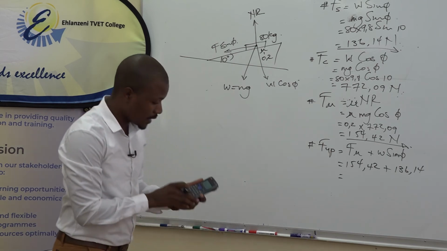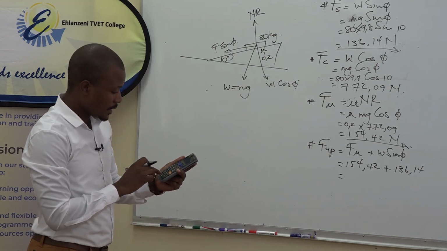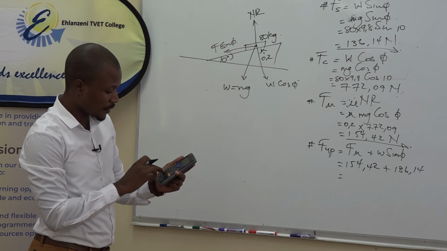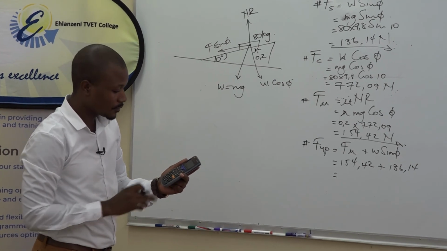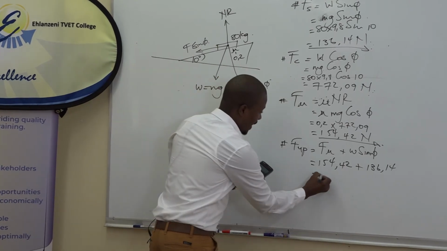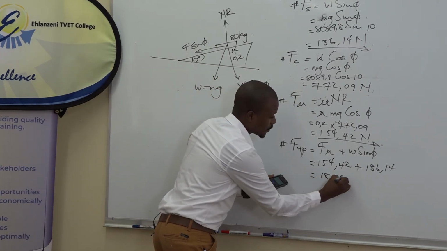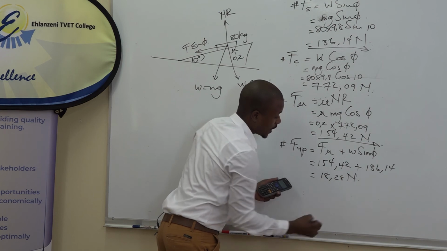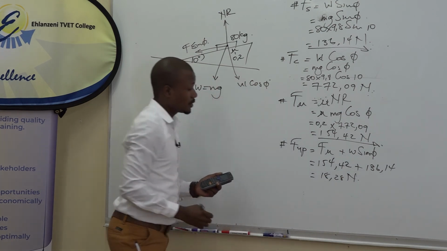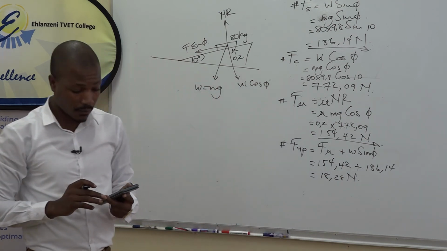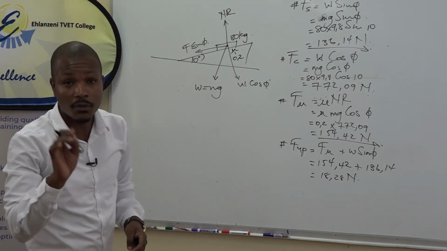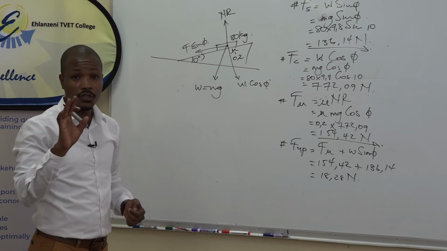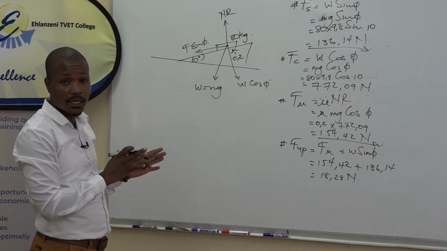Working my magic on this one, 154.42 minus 136.14. This will be 18.28 Newton. I hope you are also calculating. It's very important to have your calculator handy, because I might feed you some wrong answers. You might never know. So calculate so that you can be sure of the values we are obtaining here.